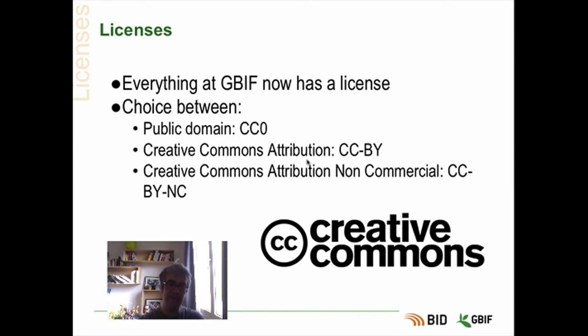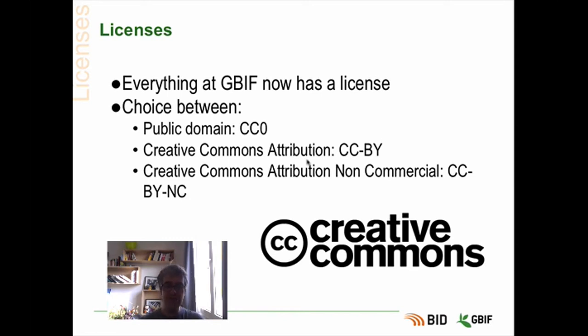Another one is that we are working in a global scope. So if you invent your own license, you have to make sure that it's valid in every jurisdiction in the world, which is very hard to do, of course. So at some point, the GBIF community realized that there was a real need for a standardized, international, well-tested and robust license.